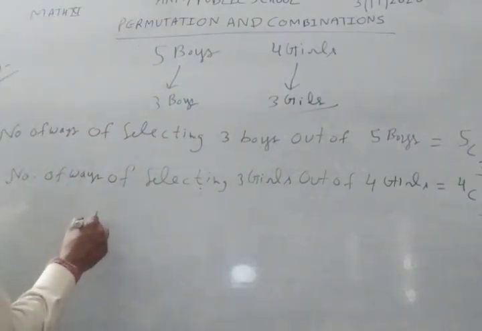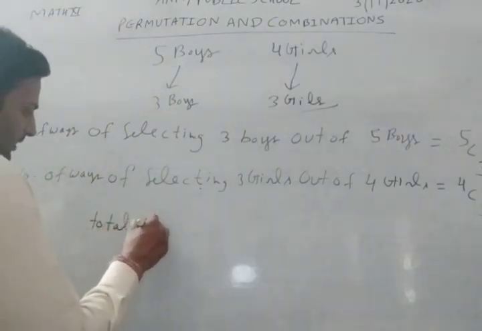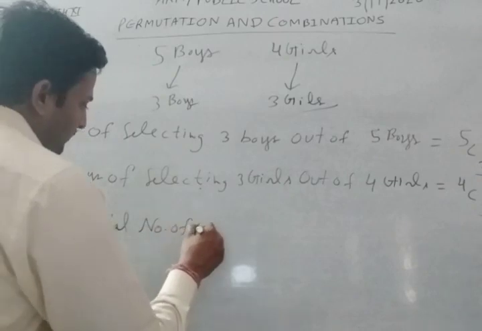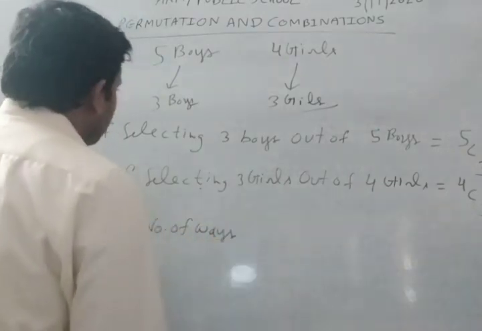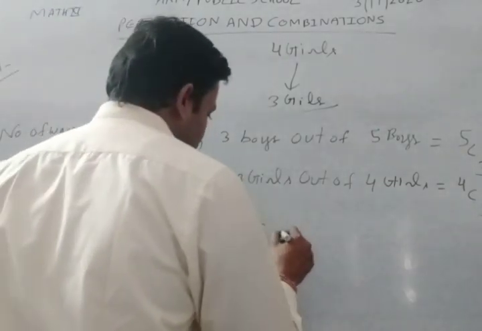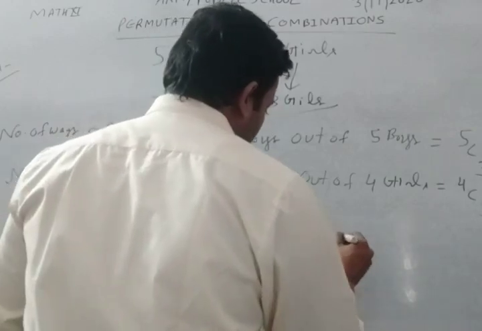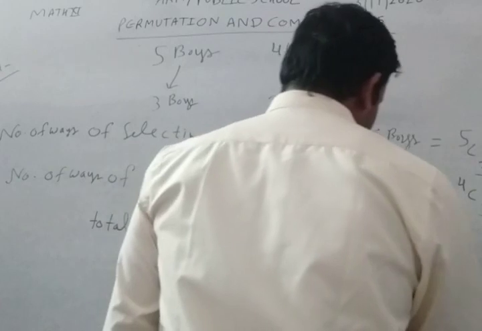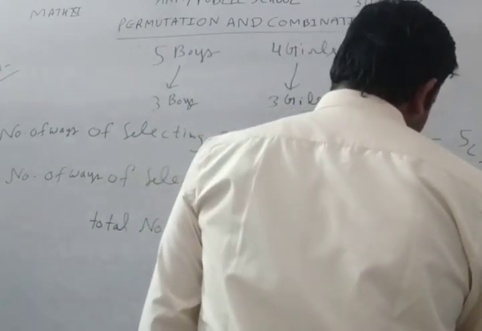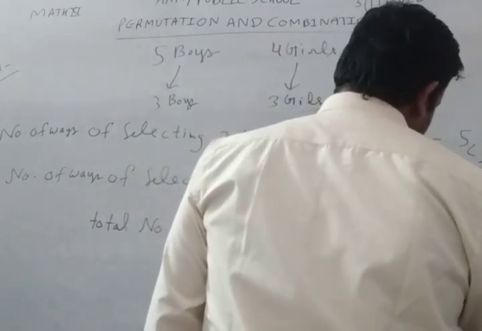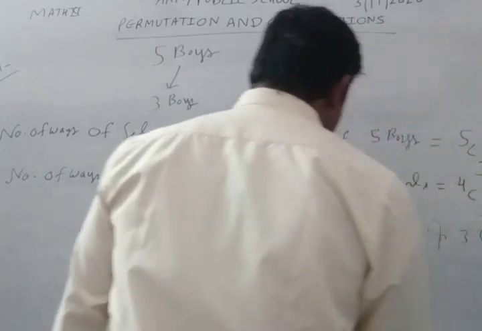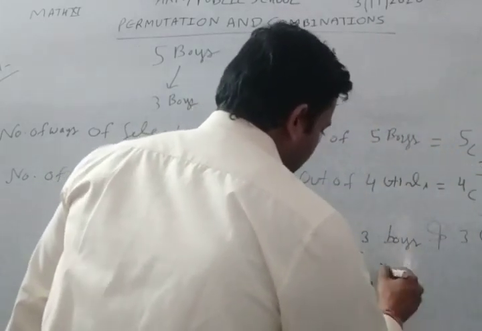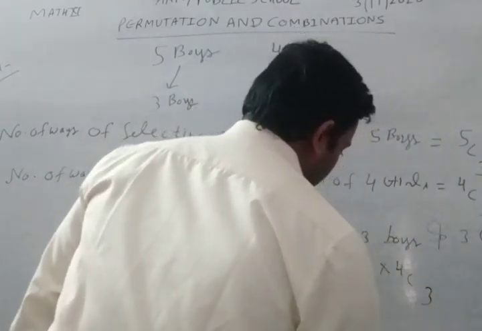Now the total number of ways of selecting 3 boys and 3 girls will be 5C3 into 4C3.